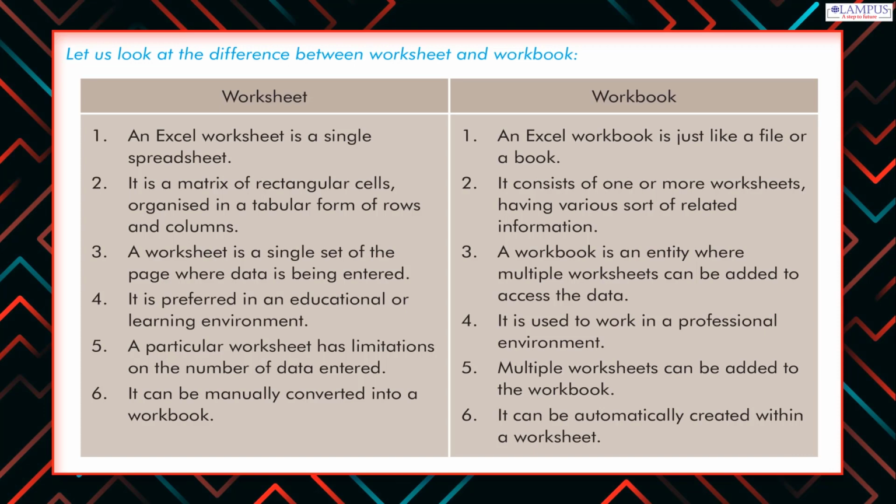It consists of one or more worksheets, having various sorts of related information. 3. A worksheet is a single set of the page where data is being entered. 3. A workbook is an entity where multiple worksheets can be added to access the data.